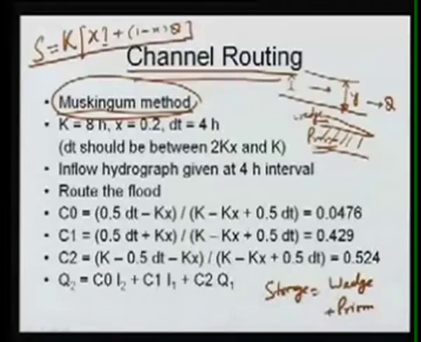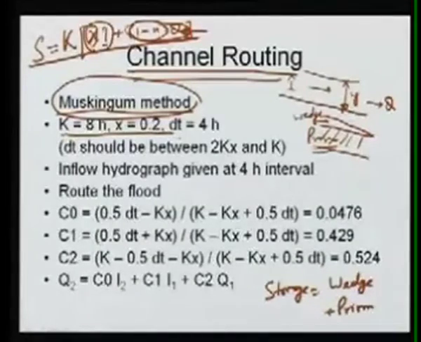So the storage in the channel, the wedge storage is proportional to the inflow, the prism storage is proportional to the outflow, and the total channel storage is given by a factor K, which is a time constant, with some weightage x to I and 1 minus x to Q. In this case, let us assume that the values given are 8 hours for K, 0.2 for x, and let us use the same inflow hydrograph with a dt of 4 hours.